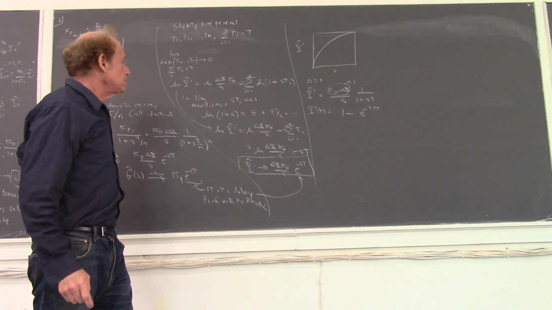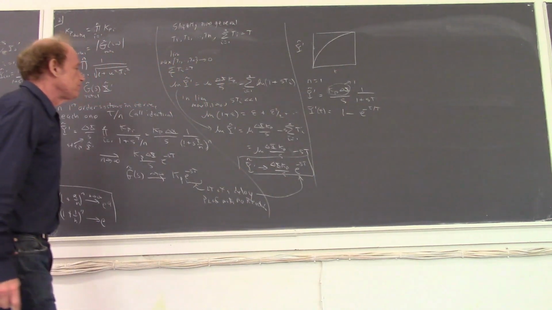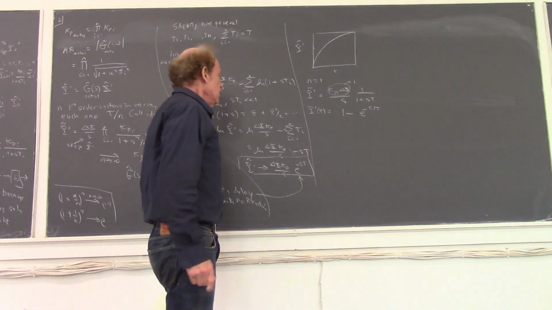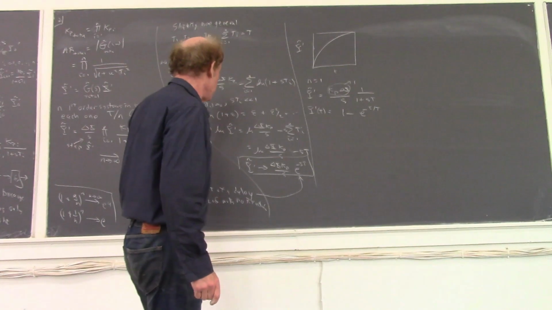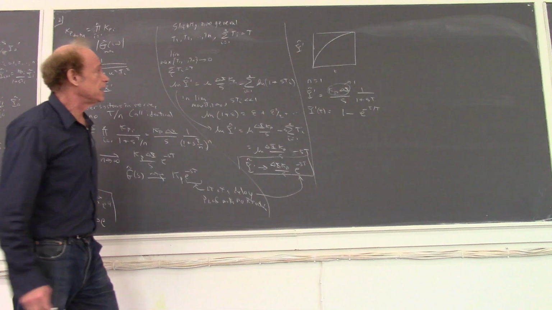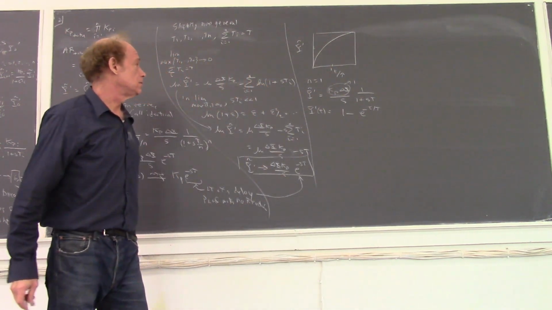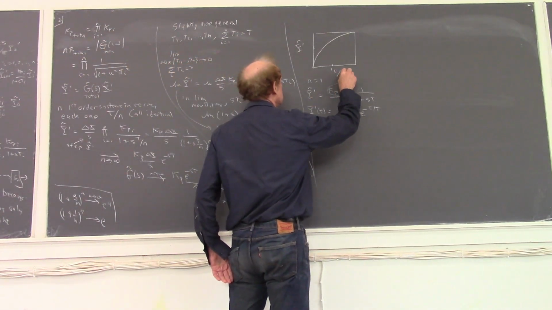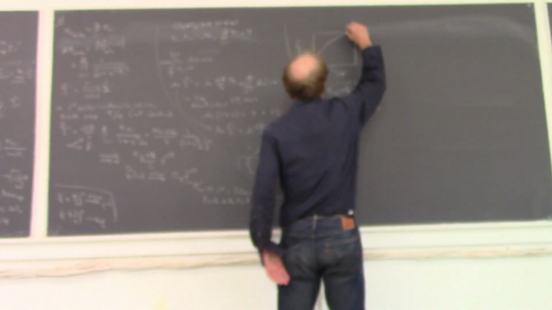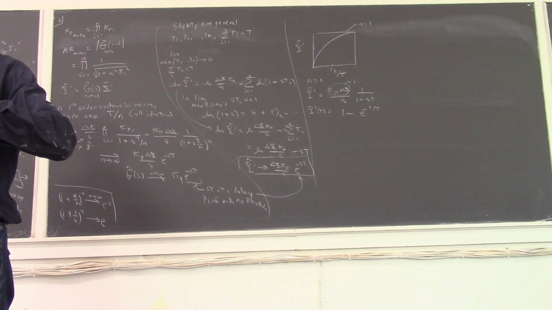Well, how about if I have a plug flow reactor? If I have a plug flow reactor, then I have e to the minus sT, and we know that y prime is just a delay. So if this is t over tau, and this is 1, t over big T, then for a plug flow reactor, when t is less than T, nothing comes out.